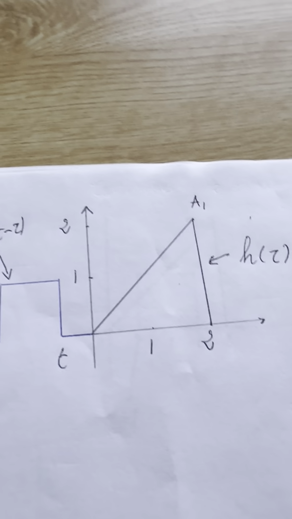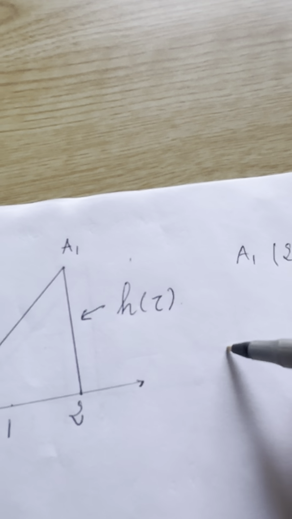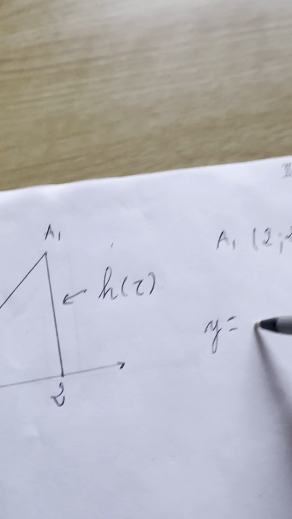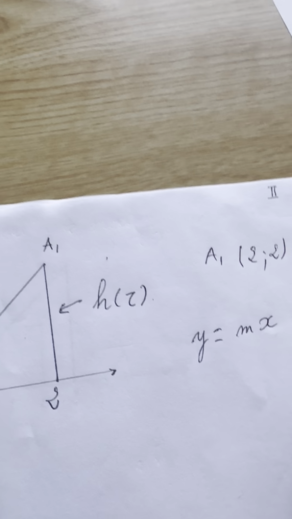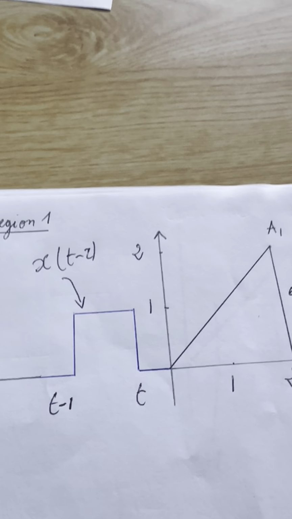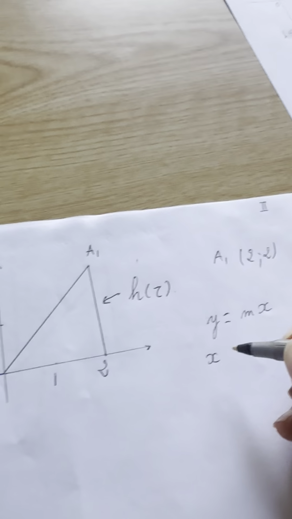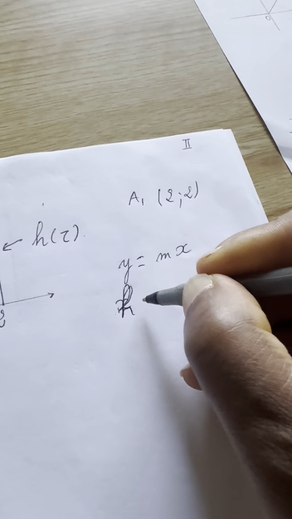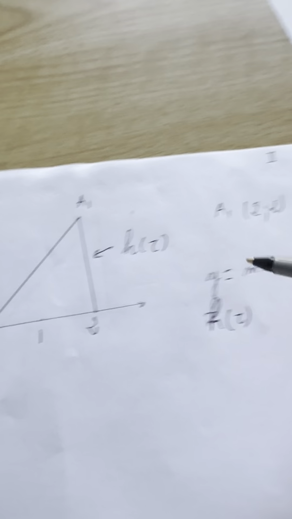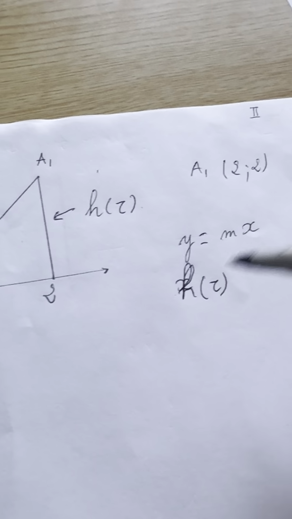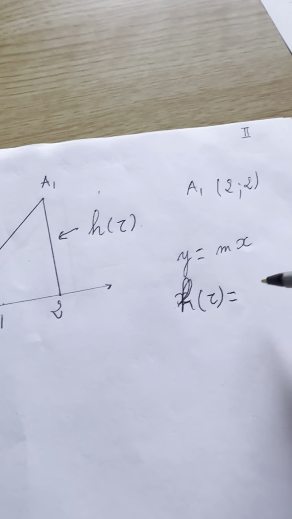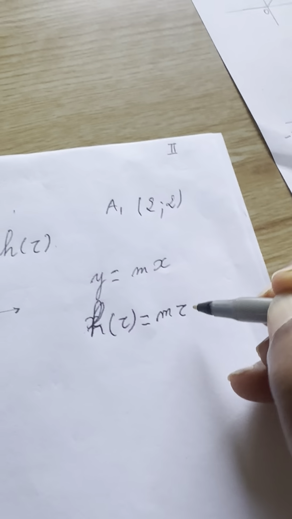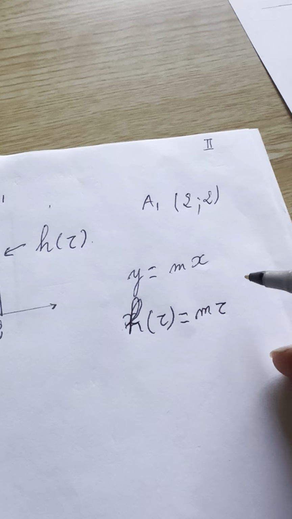Okay, we know the equation of a line is y equals mx. Here we write x as tau and y as h(tau), so h(tau) equals m times tau.